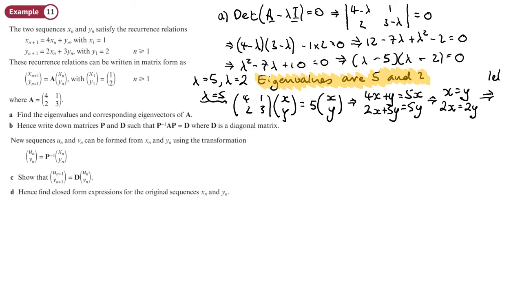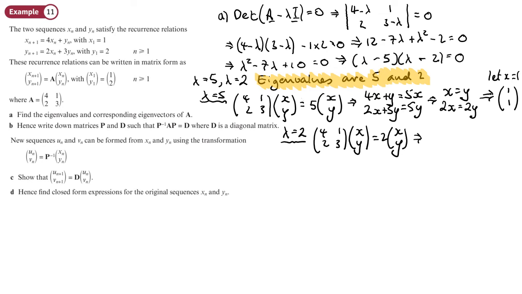So if we say let x equal 1, that gives us an eigenvector of 1, 1. Let's do the same now for lambda equals 2 and find its eigenvector. So that's going to be 4, 1, 2, 3 times x y, and the scaling this time is 2, so the vector x y gets scaled by 2.